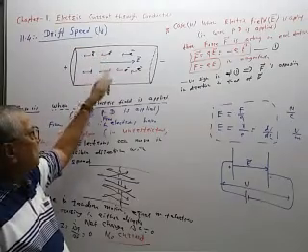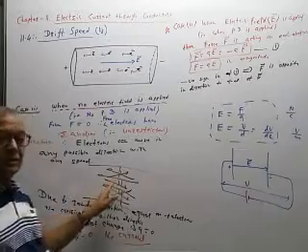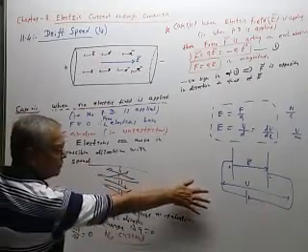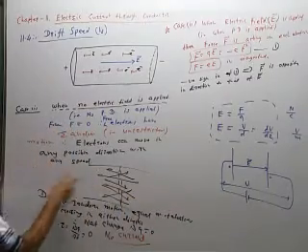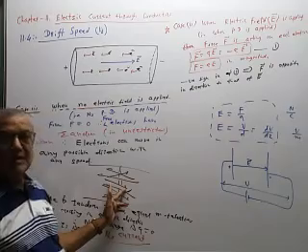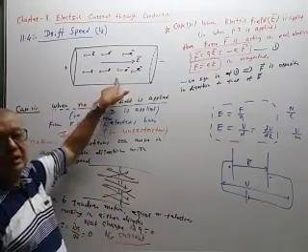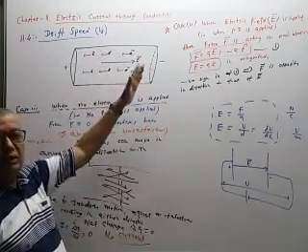What is the difference between when an electric field is applied and when no electric field is applied? See this figure. Some electrons are crossing the cross section from left to right, and some are crossing in the opposite direction, right to left. So this is a bidirectional motion. This is unidirectional motion. All the electrons are moving in only one direction.